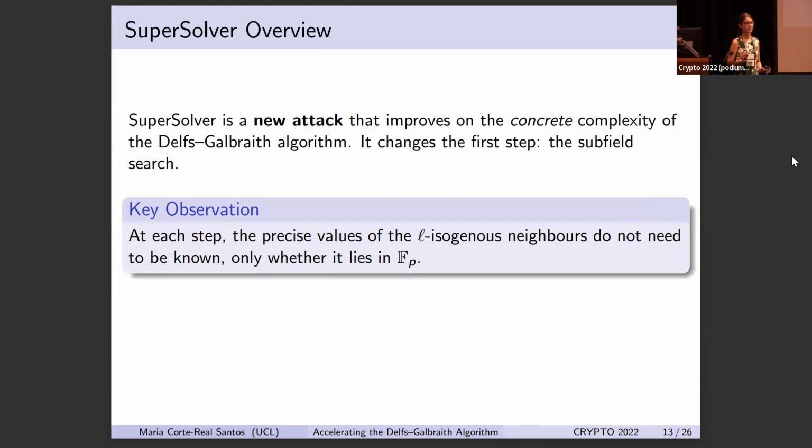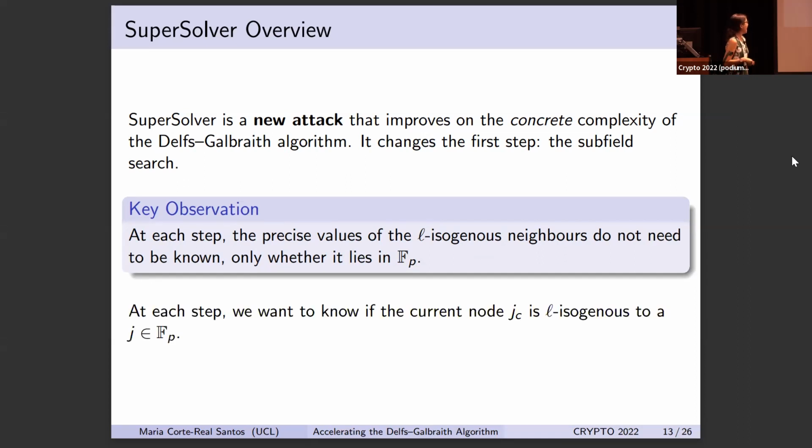You're only really interested in whether or not it lies in FP. And so once you've found a node that lies in FP, you can sort of take the Lth root and actually find its value. But when you're taking steps in the graph, all you are interested in is whether it lies in FP or not. And because this is less information, you could hope to do it more efficiently than computing roots of your modular polynomial.